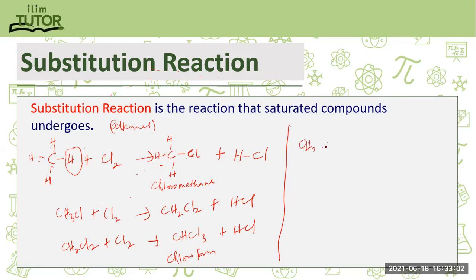All right, we could also continue this reaction until everything is substituted. The chloroform itself could be substituted such that I'm having CHCl3 plus Cl2, and then I'm going to have CCl4 plus HCl.